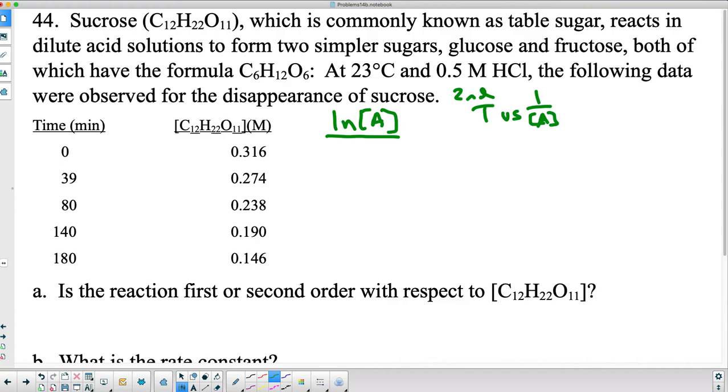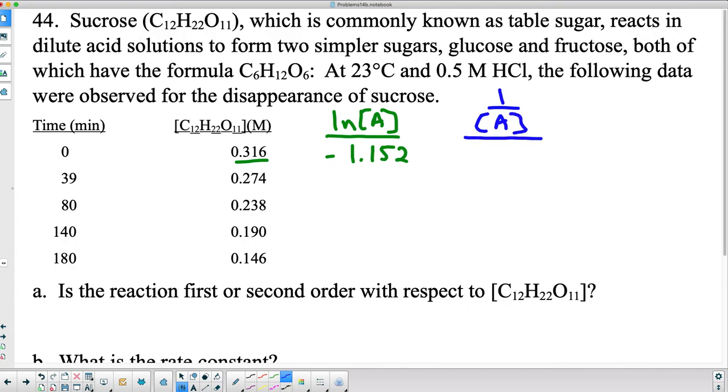And then all I do is take this number and put it in my calculator, 0.316, and then hit natural log, and I get a negative 1.15. That's fine. And then I'm going to switch colors and go to blue so that I can show you 1 over concentration of the reactant.